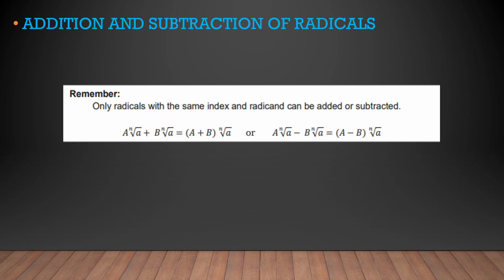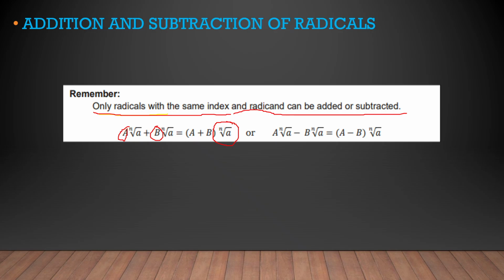For the generalization, you have to remember this part. Only radicals with the same index, again, only radicals with the same index and radicand can be added or subtracted. So if you have a nth root of a plus b nth root of a, you just add these two numbers, the whole numbers, a plus b, then the radical is nth root of a.